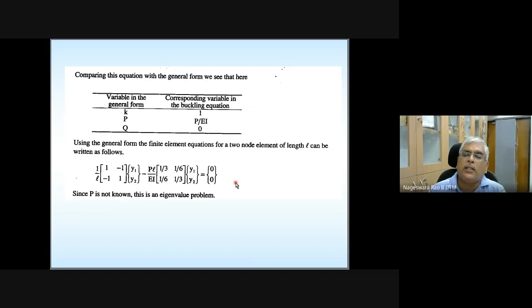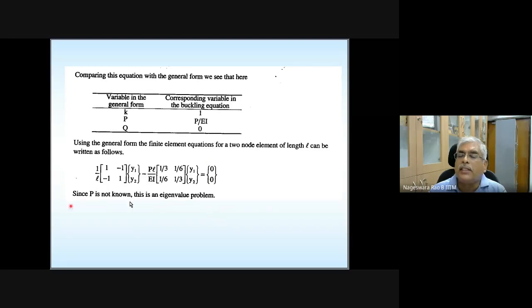And it turns out that this equation system that you get, you can see here, there is a matrix multiplied by a vector and a matrix multiplied by the same vector, and on the right hand side, it is a zero vector.